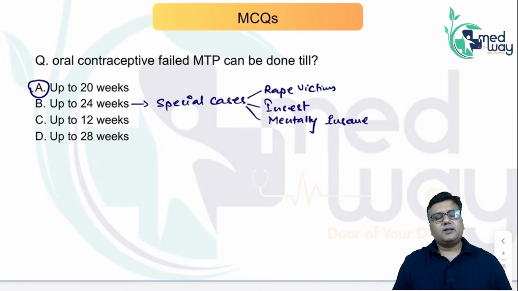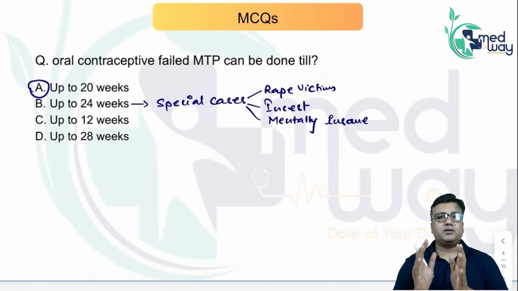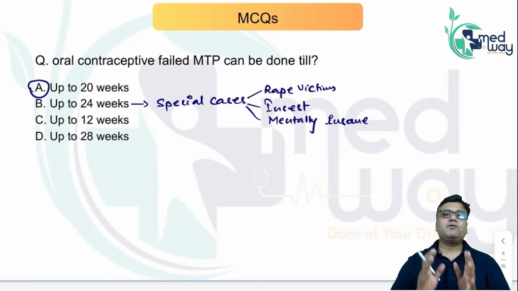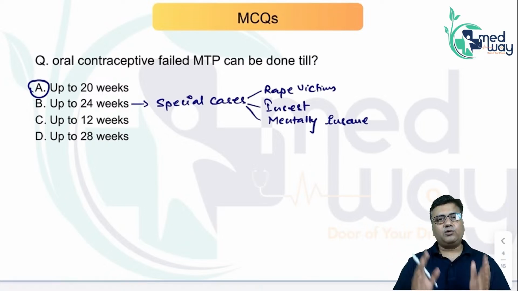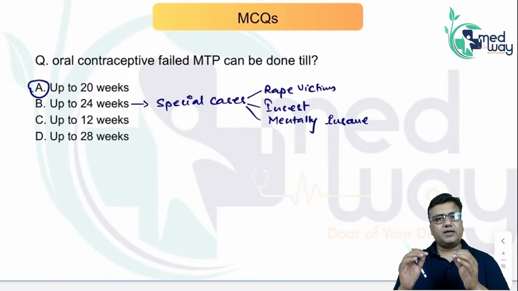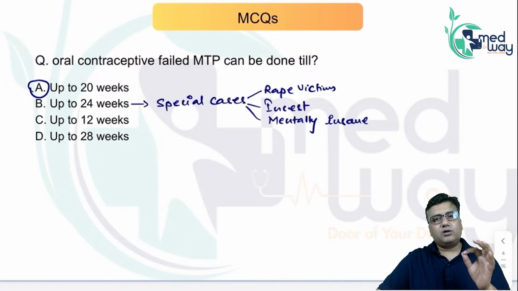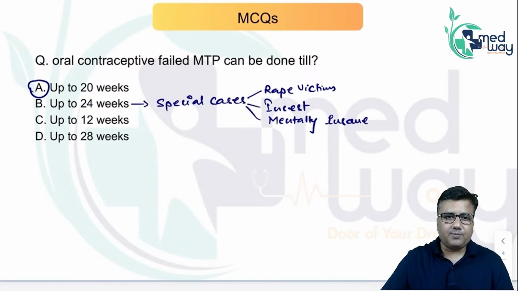Beyond 24 weeks also MTPs can be done, but only if there is a high chance of the fetus being born with severe congenital malformations. The allowance for that is only given by a medical board. So beyond 24 weeks, if the fetus is expected to be born with severe congenital defects, the medical board can allow it. These are the latest provisions.